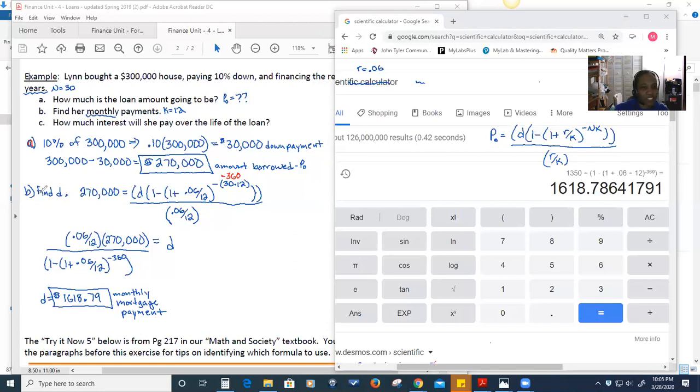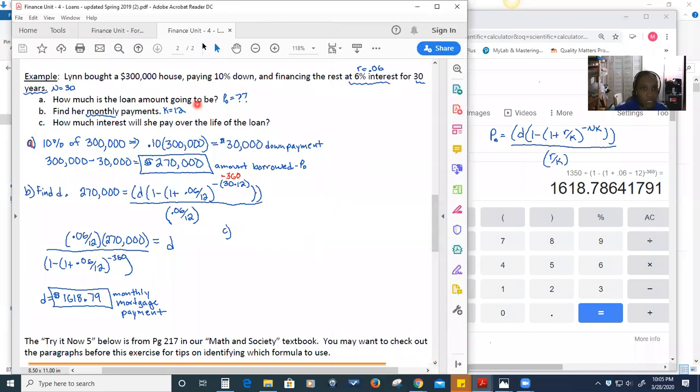All right, part C, how much interest will she pay over the life of the loan? All right, so this is actually the same question that we had before. Same question we had before, but now it's just one single question instead of being broken into two questions.